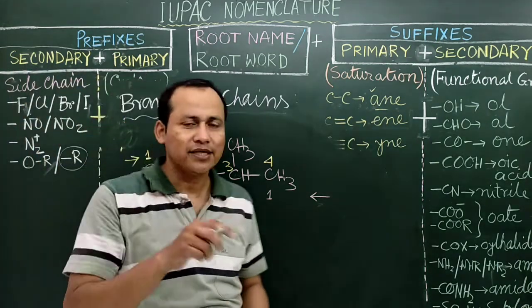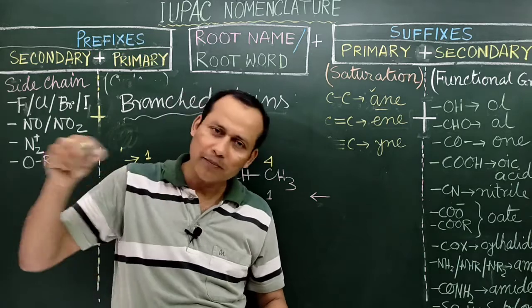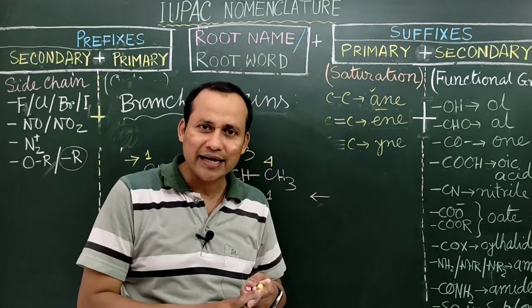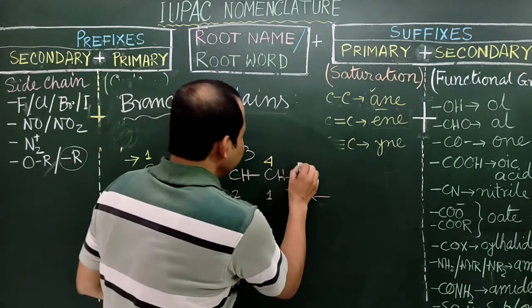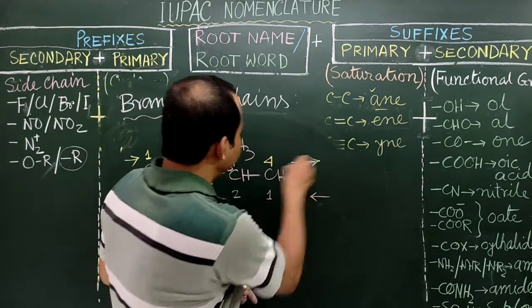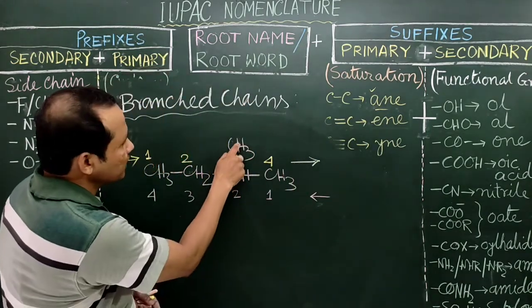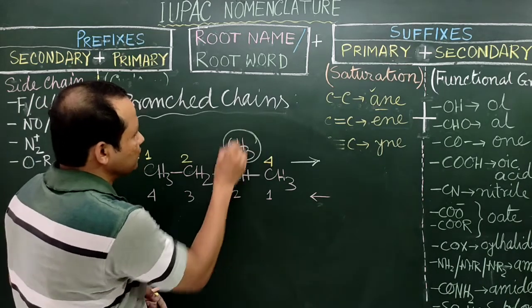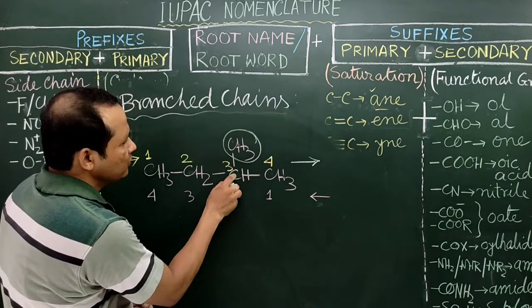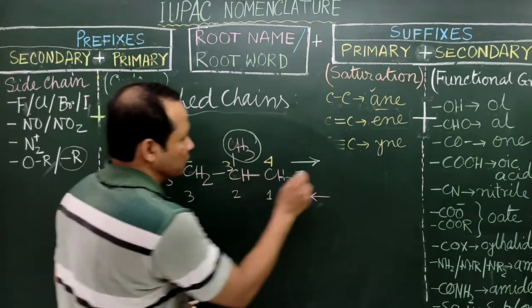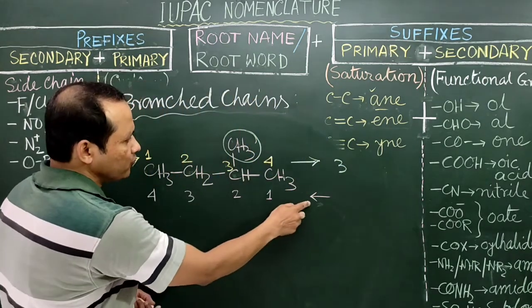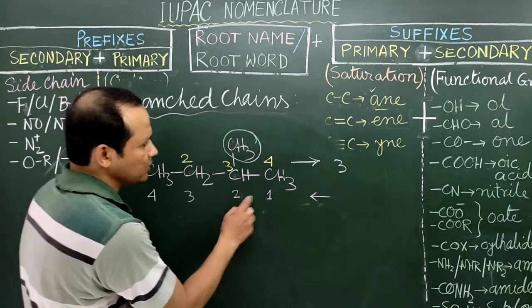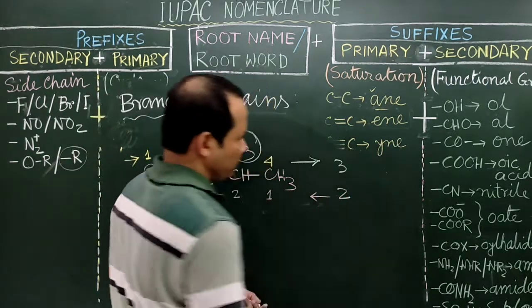In the previous case it was the same from either direction, but in this case it is a little bit different. Look, if we move from left to right, then the methyl group, that is the side chain, is coming on the number 3 carbon atom, so the position is 3 from left, and if we move from right, then the position is coming on 2.